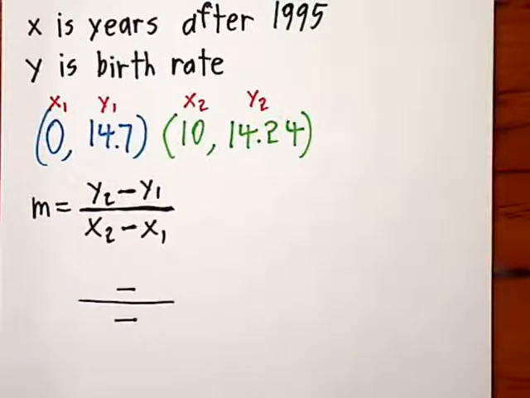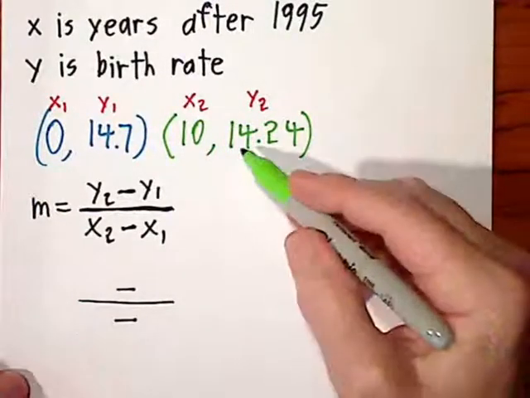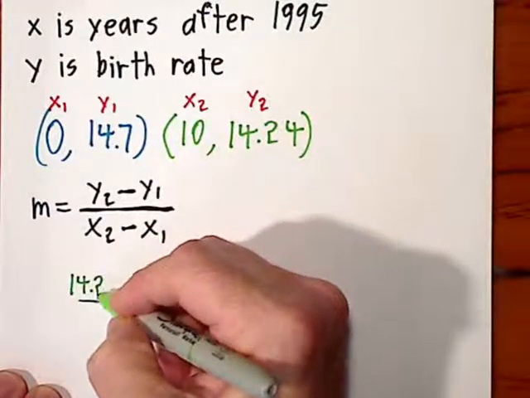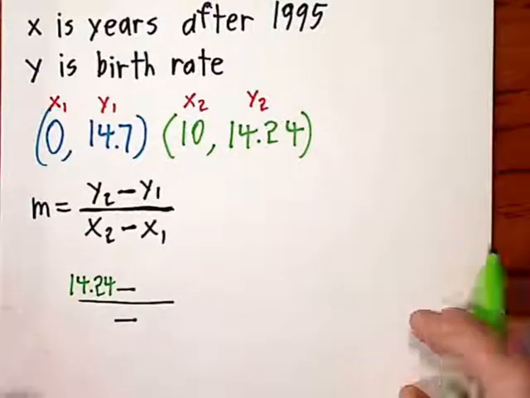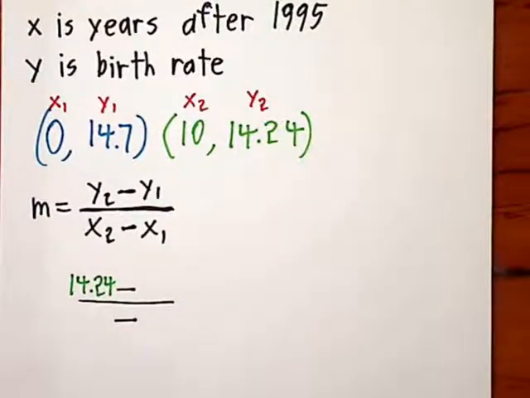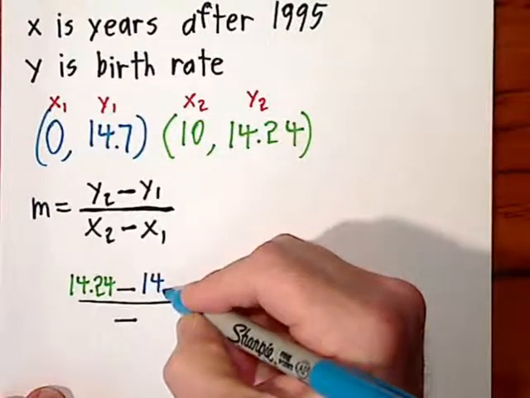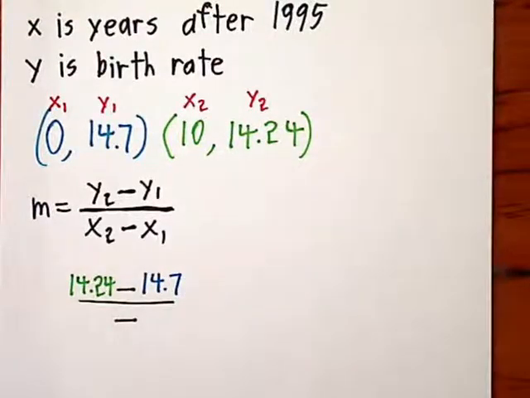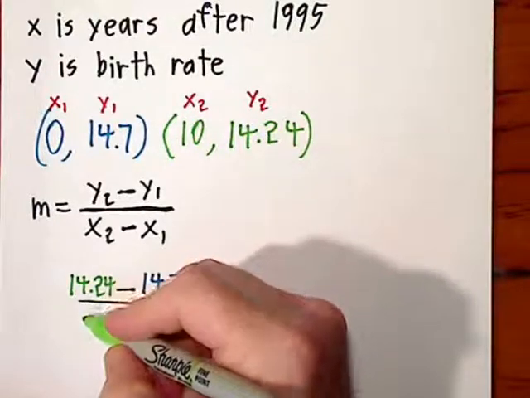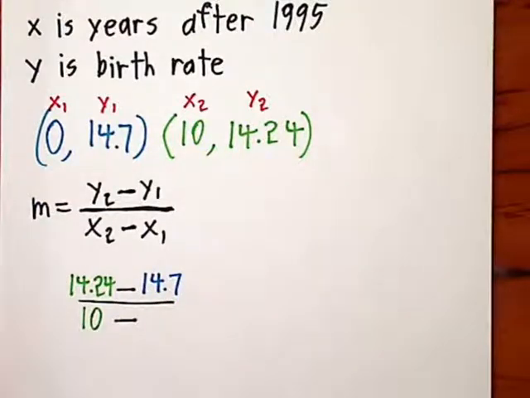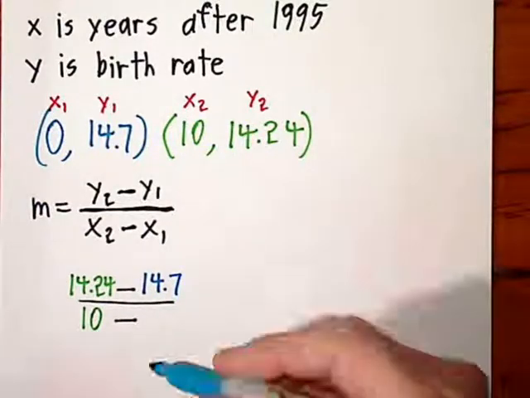Y sub 2 is 14.24, and Y sub 1 is 14.7. Then X sub 2 is 10, and X sub 1 is 0.